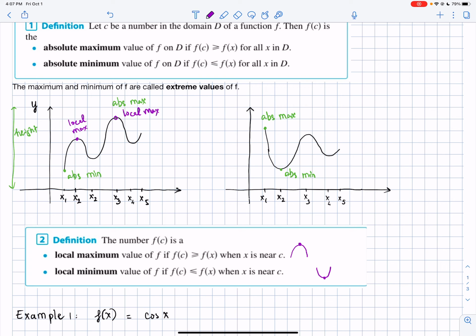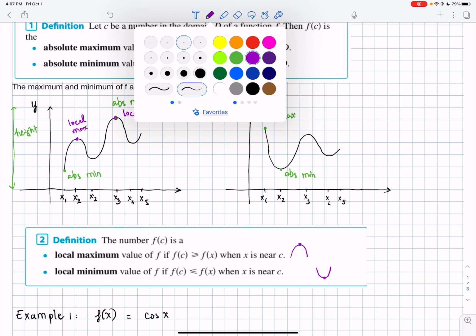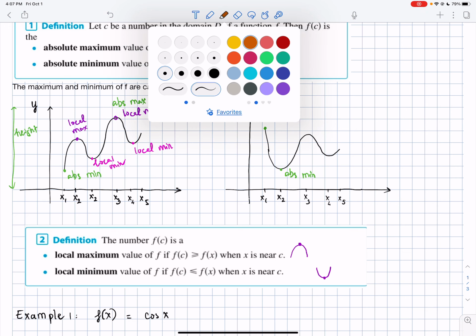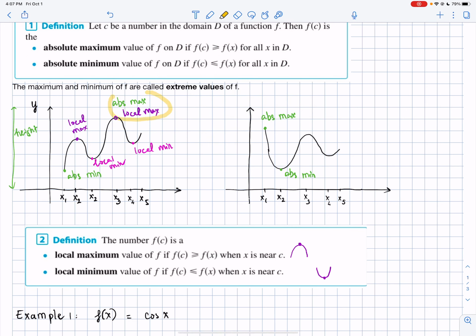And we have 2 points in the bottom right here and right here. This is local min and local min, only when we have a valley. So if you notice, this point is both absolute max and also local max.